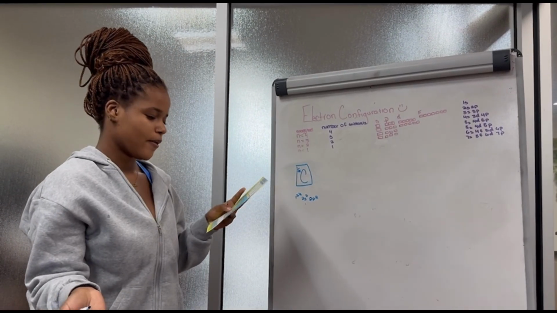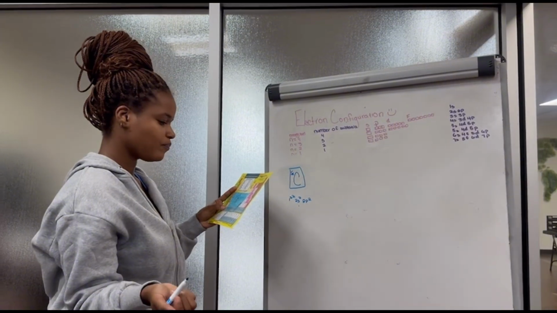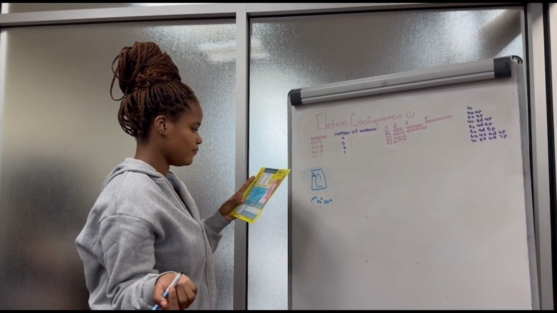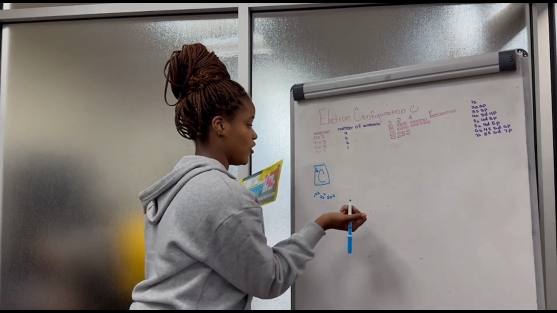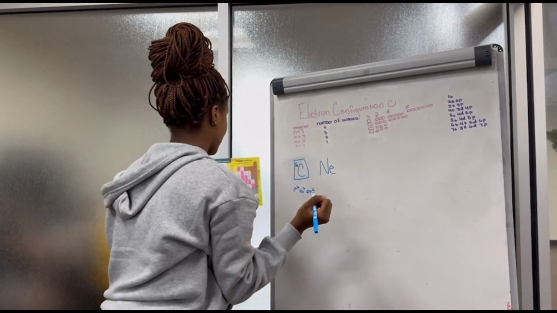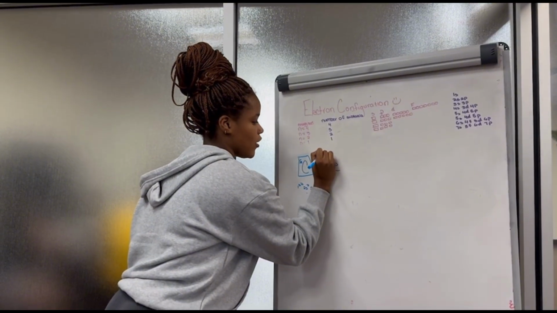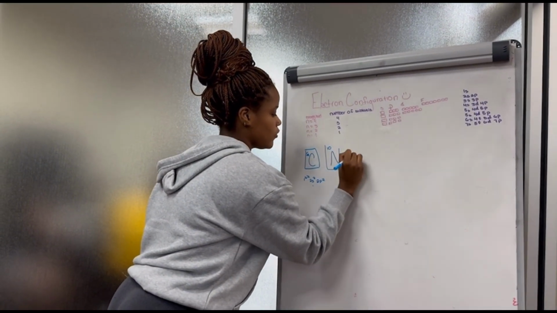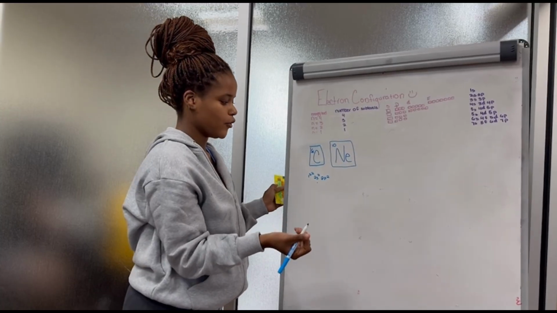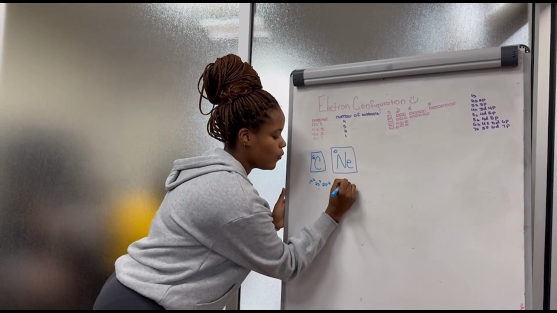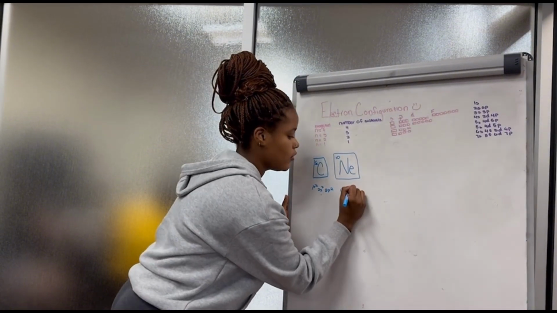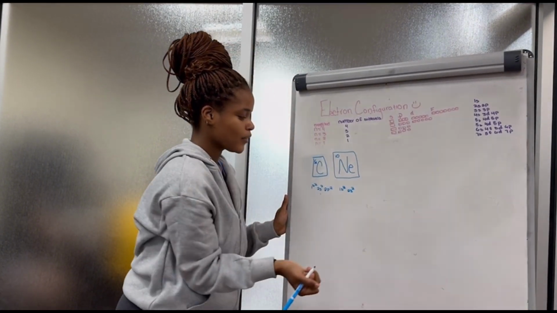Now let's do a bigger number. We can do neon, Ne, and that has 10 electrons. So same form, different numbers probably. So 1s2, we already have 2. 2s2, that's 4.